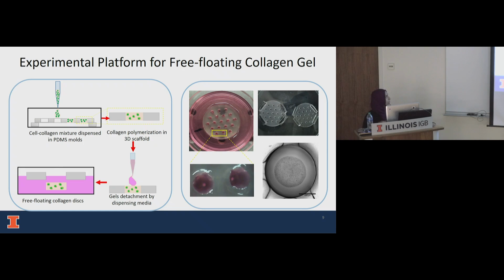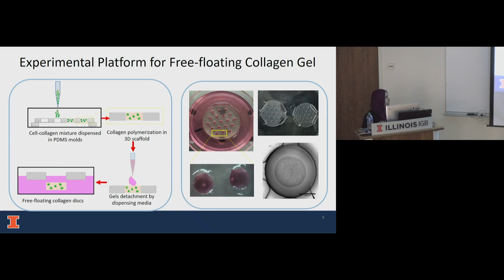We have used 3T3 fibroblast cells for our experiments, and this forms a film inside these holes of the PDMS scaffold. We let them polymerize over time, and once the tissue is formed, we dispense media, and this detaches the discs from the PDMS mold, and that's how we obtain what we call free-floating collagen discs with fibroblasts embedded in a 3D platform.